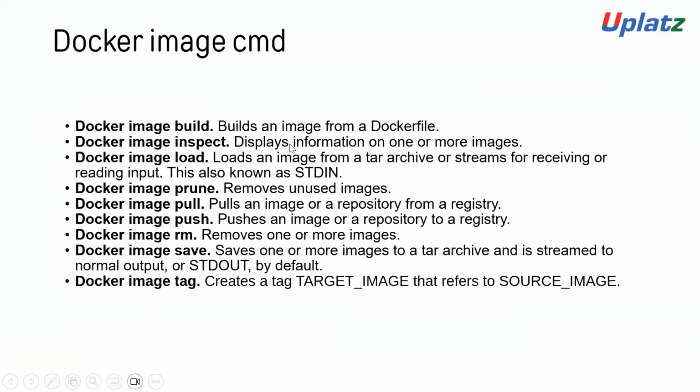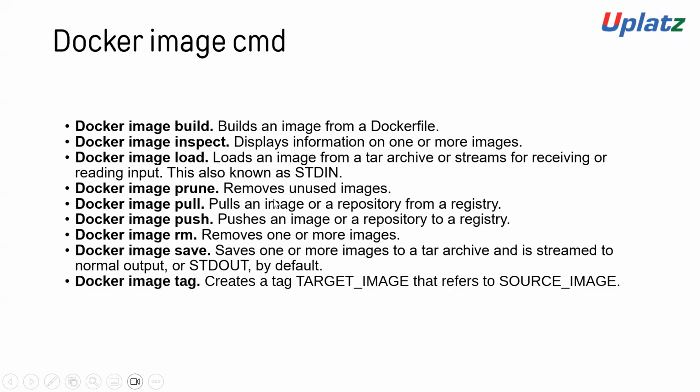We can also load an image from a tar archive file. Prune removes all unused images. You can also use rmi, followed by the image name, to remove an image. Pull pulls the image from the repository.